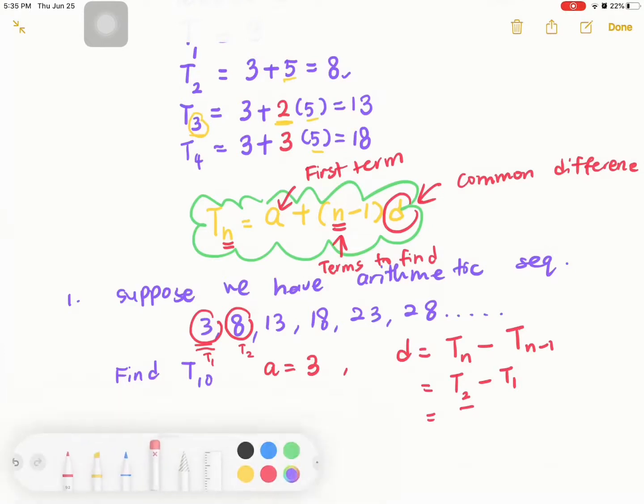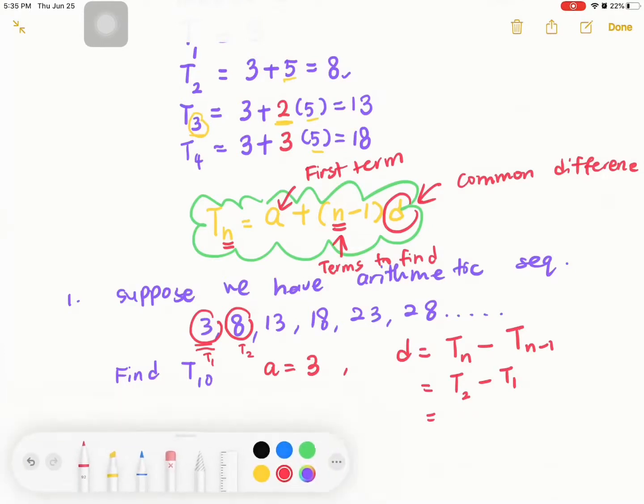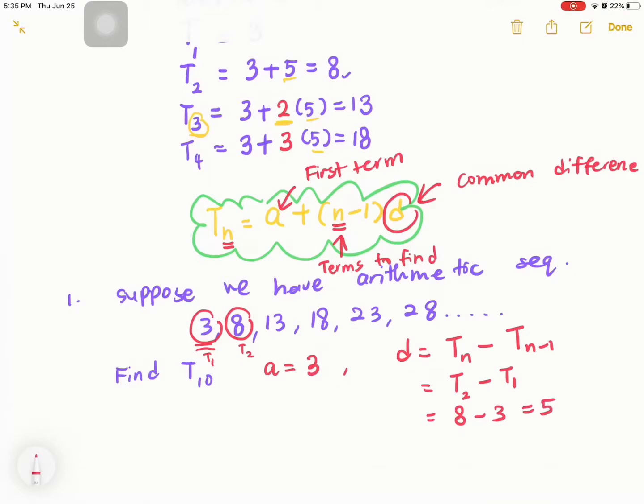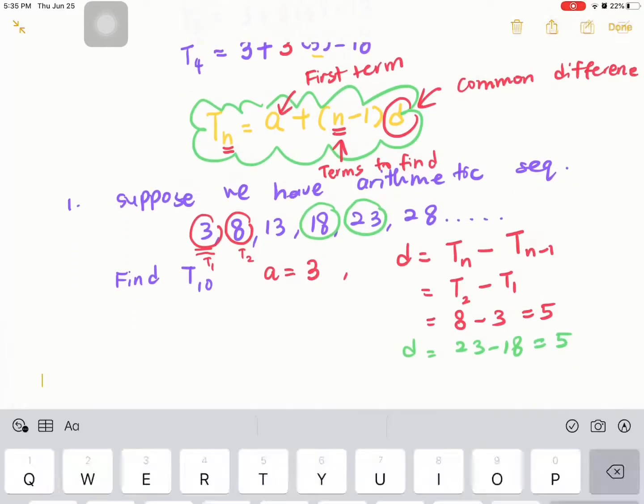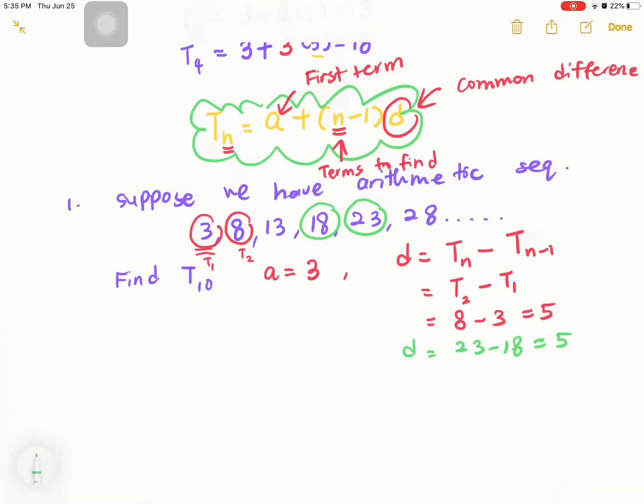I'll show you one by one. 8 minus 3 equals 5. Other than that, D can also be found using any numbers. D can also be 23 minus 18, but we still get 5, the common difference. So can we find T10?